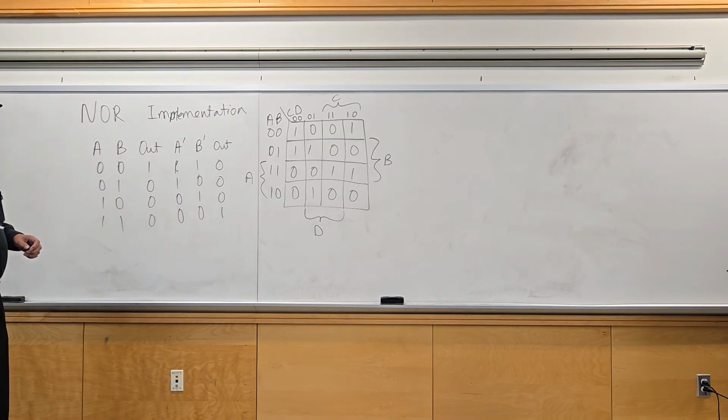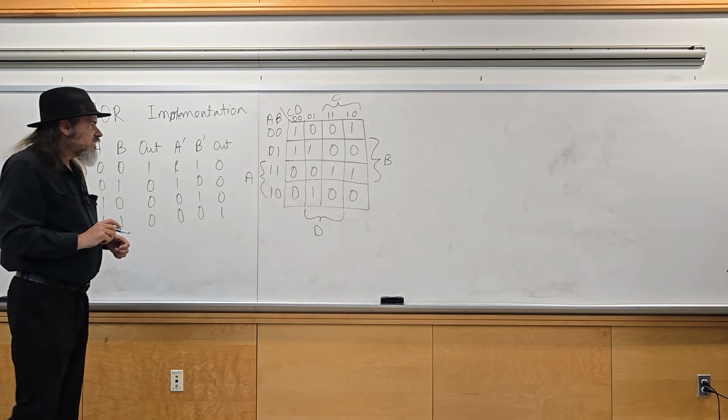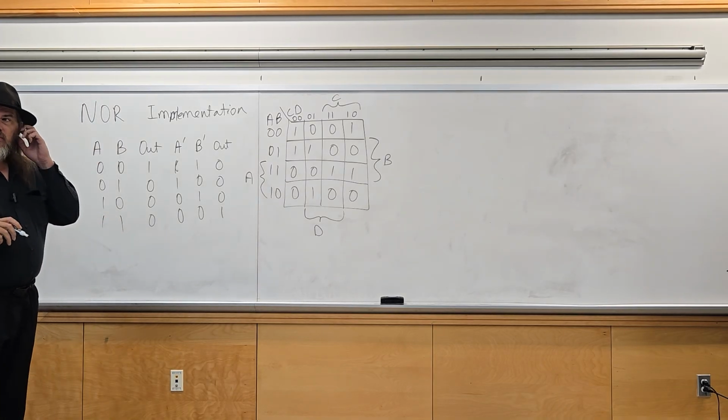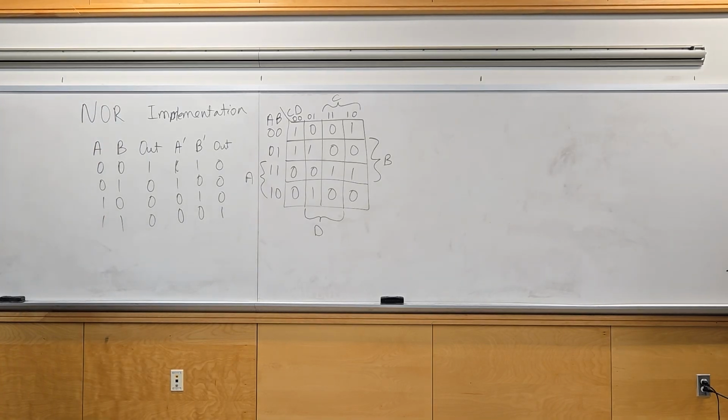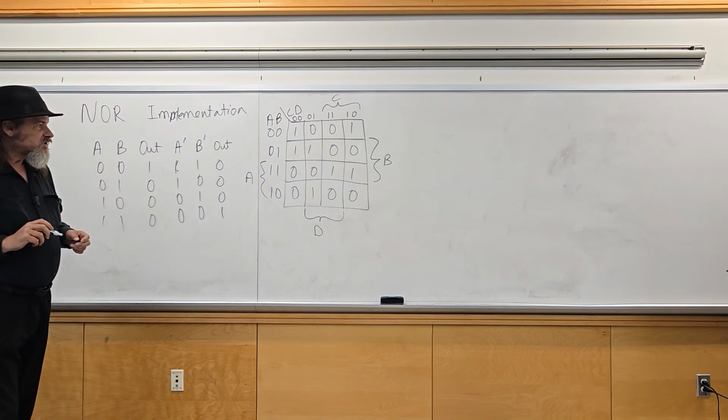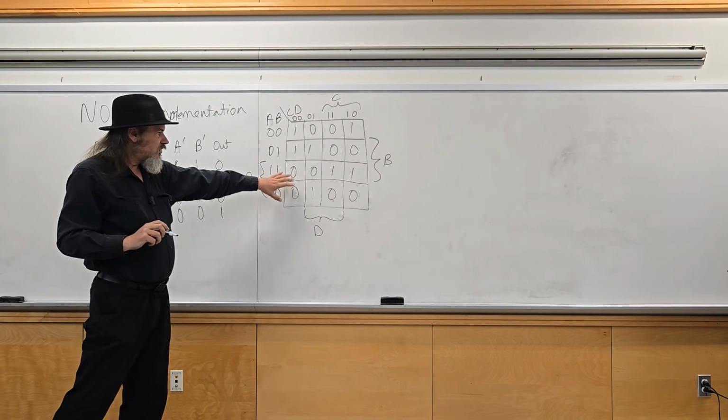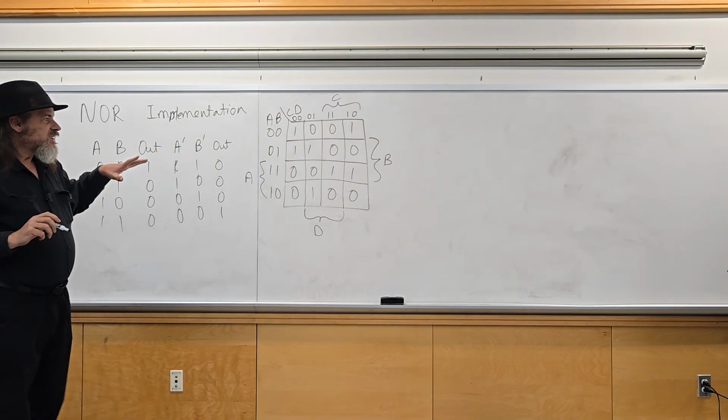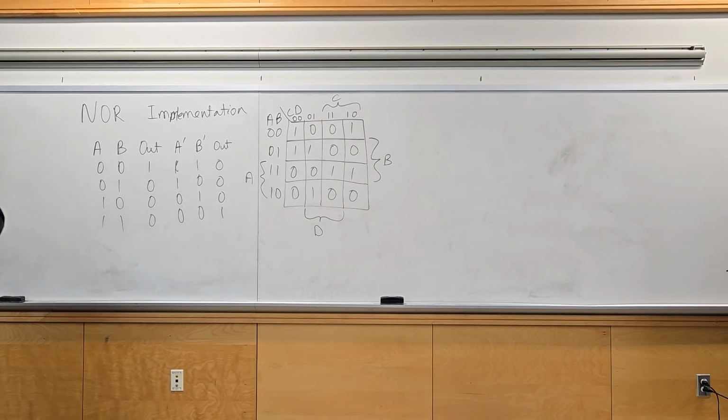We're wanting to do the NOR implementation. So we're going to do this as a product of sums. To do the product of sums, you group the zeros and then invert the expression.